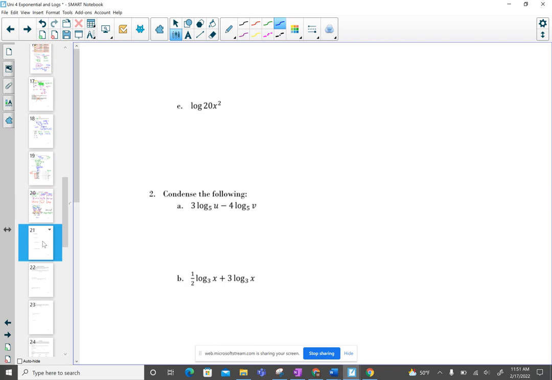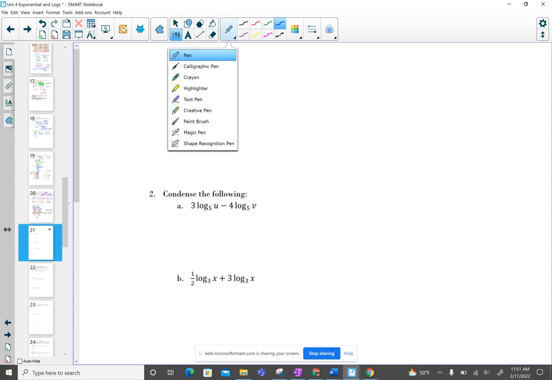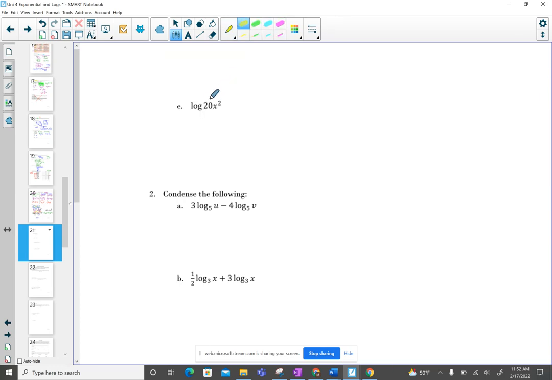Okay. The last one that we're expanding is log 20x squared. Again, this one's going to have a little bit more oomph to it, if you will. We look within, right after the log, and it's 20x squared.